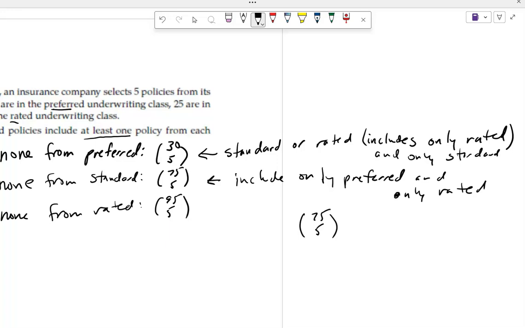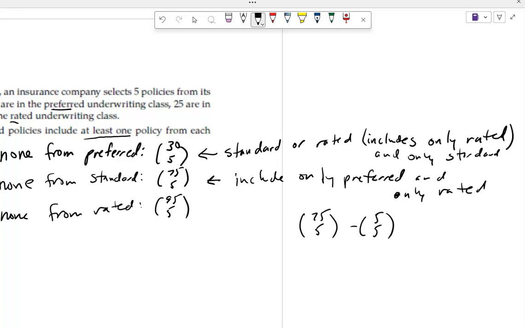And, well, sorry, none from standard. So you have some preferred, have some rated. Maybe it's only preferred. Maybe it's only rated. Yeah, we can subtract out the 5 choose 5, the one that we've already done, right? There's only one way to do it, but that would be one way to do it, right? That's already been counted.